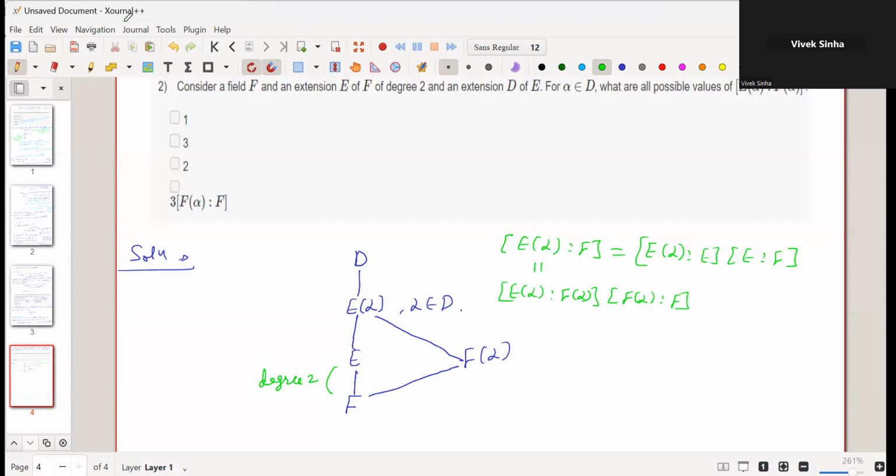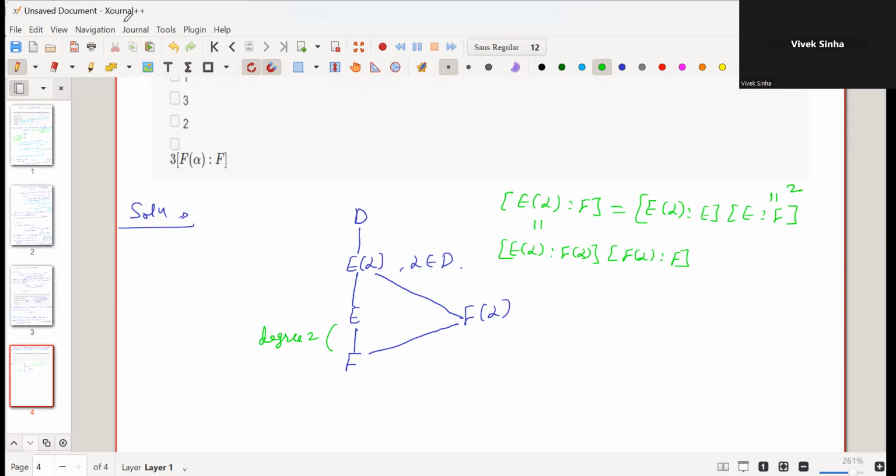So now what? What values are we given? We are given this value that E over F is 2, right? And we have to calculate this, but we also have to compare E alpha over E and F alpha over F, right? So what is the degree of E alpha over E?